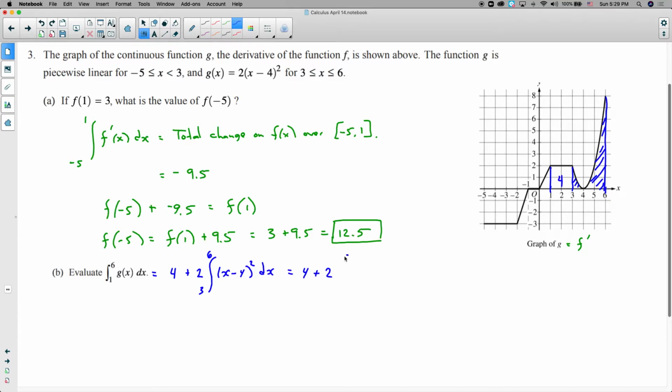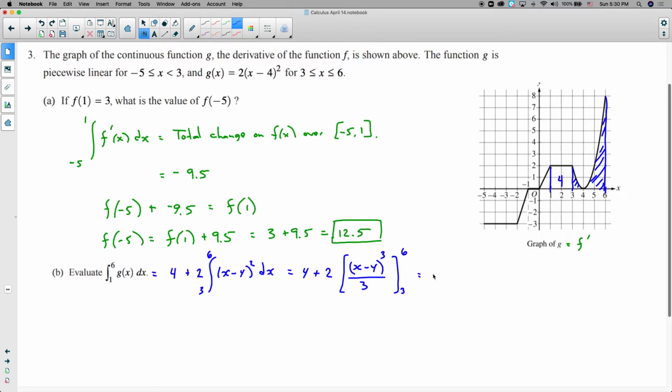That constant 2 is out there, and I can integrate this. That is (x - 4)^3 divided by 3 by the reverse power rule. Since the derivative of x - 4 is 1, I don't have to worry about any integral version of a chain rule. Again, that only works when this is linear, but we've been through that a lot. Running from 3 to 6, essentially this is 2/3.